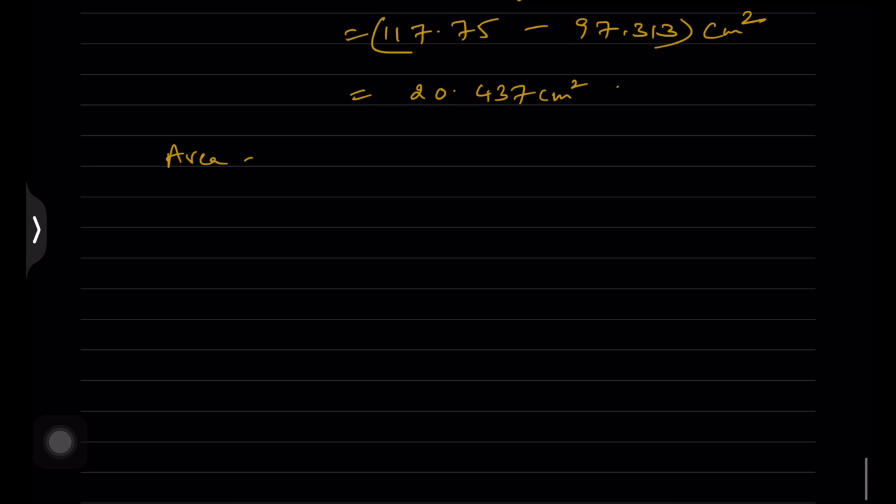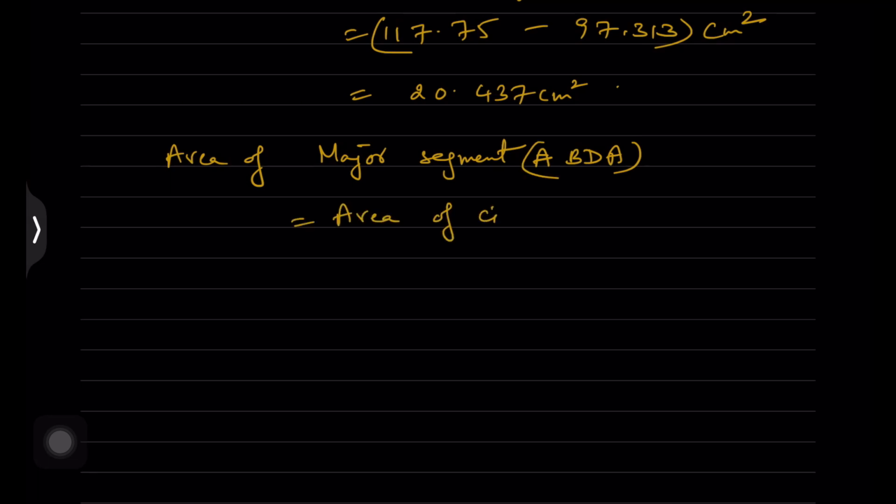Area of major segment ABDA is equal to area of circle minus area of minor segment.